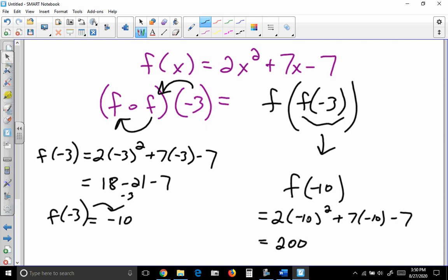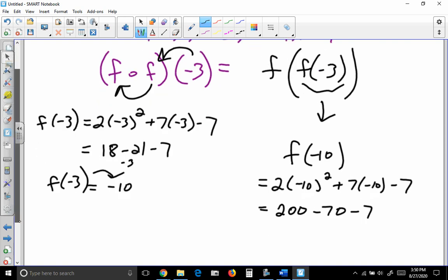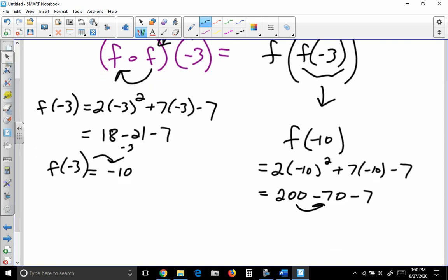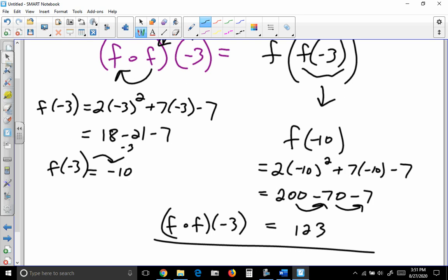It was -10 times -10 because it's -10 squared. Then we have 7 times -10, so positive times negative, minus 7. So that would be 130, 130 minus 7, 123. So f of f of -3 is 123.